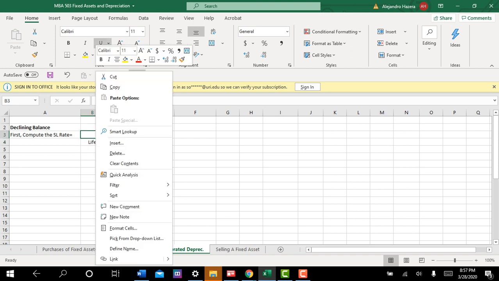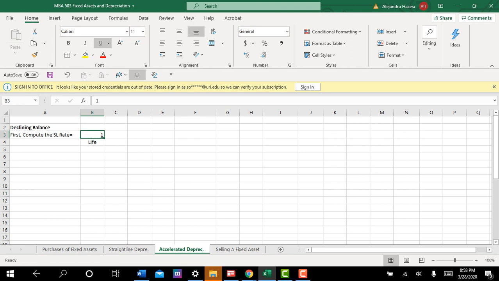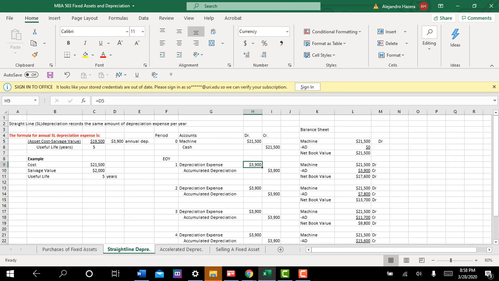Using the numbers that we've been using, the numerator is 1, no problem. And we know that the life of our asset, we're using the same numbers here, is 5 years.